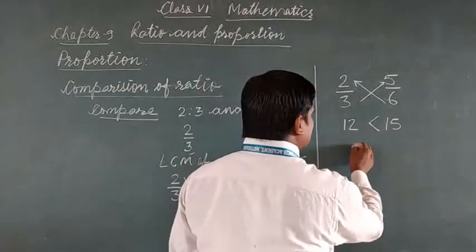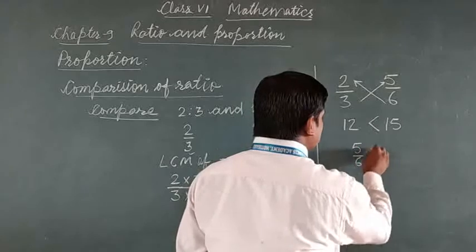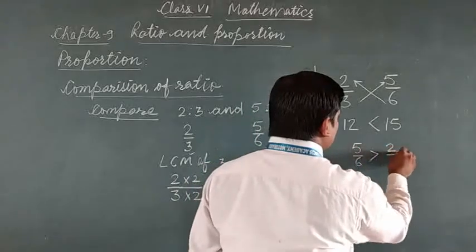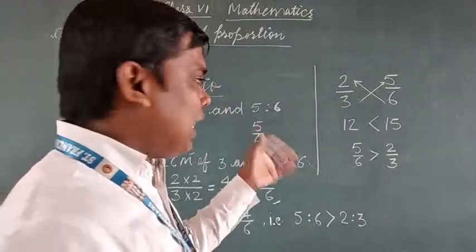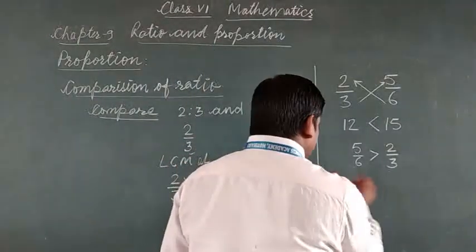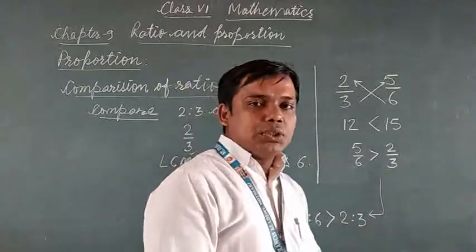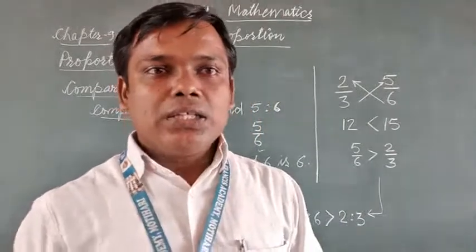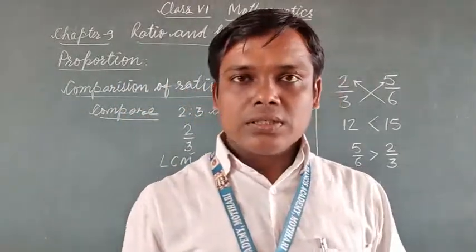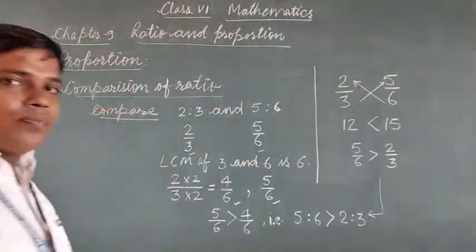So from here we can directly write 5 by 6 is greater than 2 by 3. And from here again we can write that the ratio 5 is to 6 is greater than 2 is to 3. Like this we will compare two ratios or more than two ratios given to us.